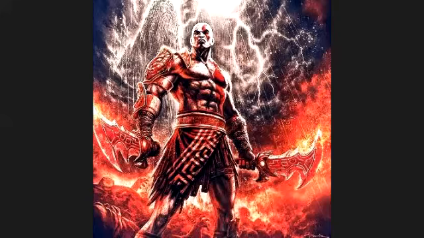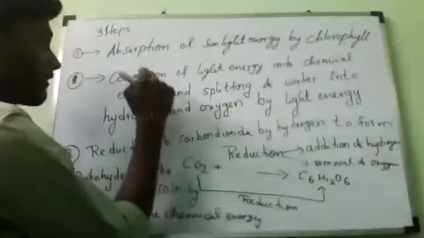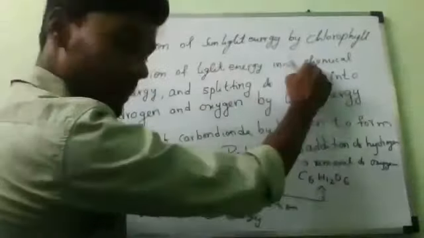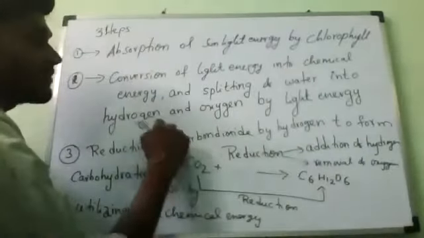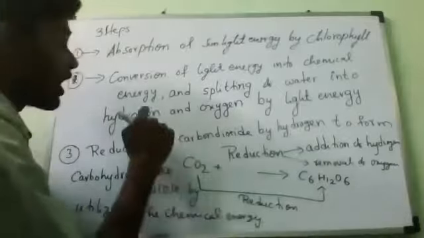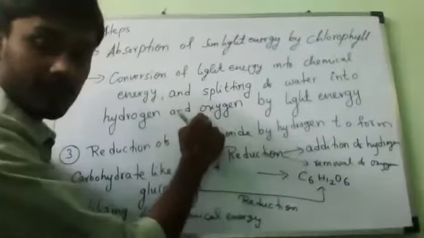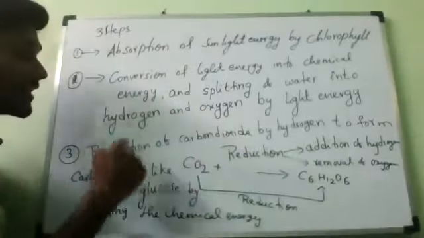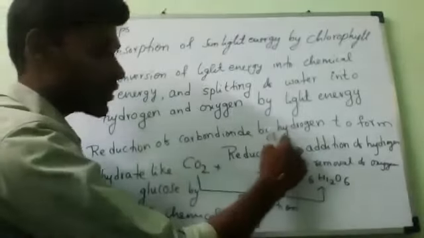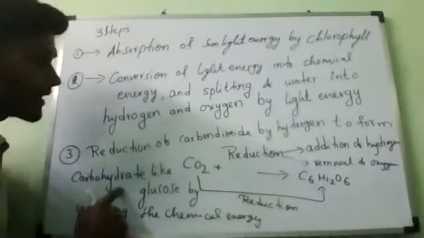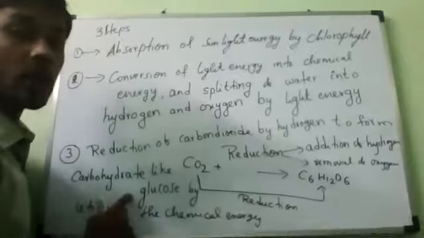Light energy: absorption of sunlight energy by chlorophyll. Second step, conversion of light energy into chemical energy. The same light energy will convert the water into hydrogen and oxygen. Later, the reduction of carbon dioxide by hydrogen to form carbohydrates like glucose by whom?